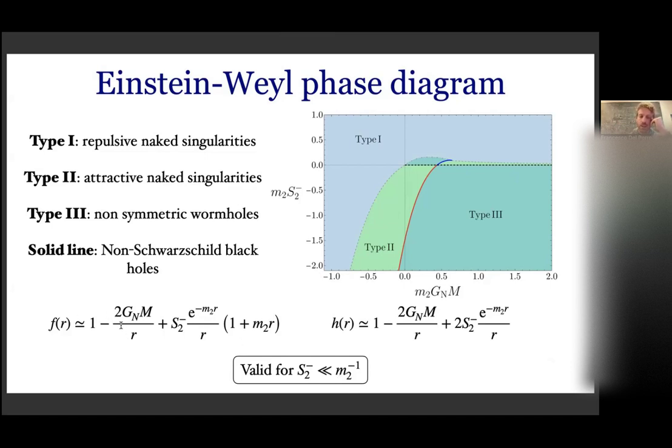Because if you look at this term of this expansion, since you are expanding around flat space-time, you require that this term, which goes like 1 over r, has the same magnitude as this other term, and this leads to this condition. So basically, you should trust this diagram just in this regime here, so you can depart from the Schwarzschild line by 1 over M2 if you want.